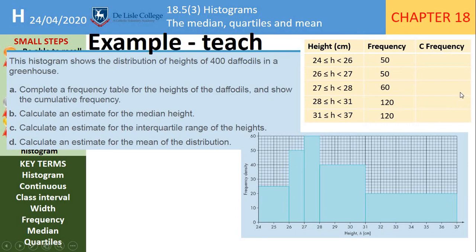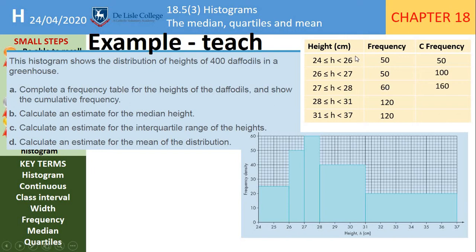Remember from previous work, cumulative frequency is where we accumulate the frequency values as we go along. So the first cumulative frequency value will be 50. The next one will include heights from 24 to 27, so it's 50 plus 50. So I'll get 100. My next cumulative frequency includes these three here, so 50 plus 50 plus 60 to give me 160.